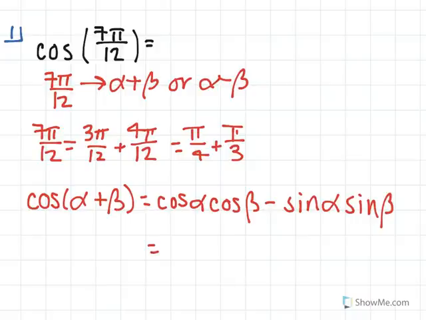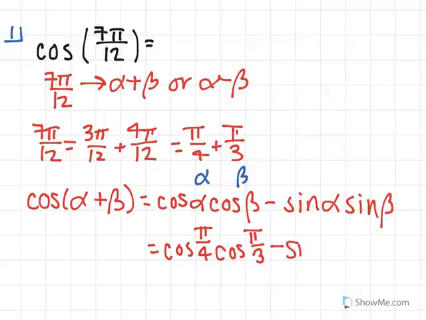So we can plug in our values. We can use pi over 4 as alpha and pi over 3 as beta. So we'll have cosine of pi over 4 times cosine of pi over 3 minus sine of pi over 4 times sine of pi over 3.